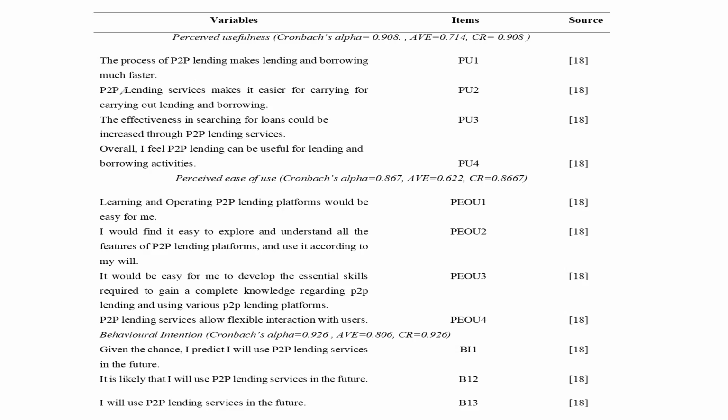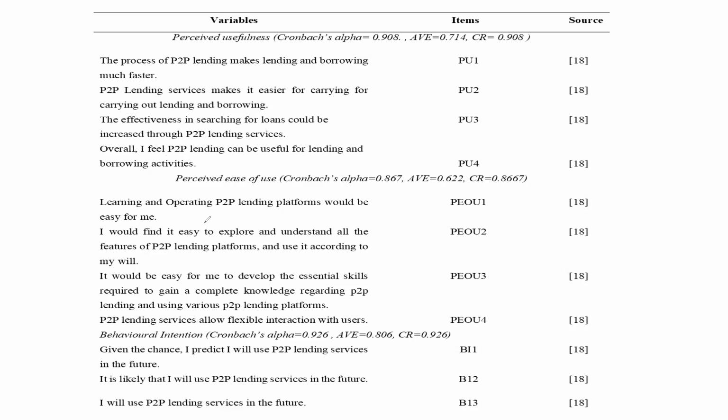Similarly, my second question to measure perceived usefulness would be, P2P lending services make it easier for carrying out lending and borrowing. All these 4 questions, if you observe, seem to be similar in nature. So if you measure the correlation between them, they would have very high correlations and they converge on the construct called perceived usefulness.